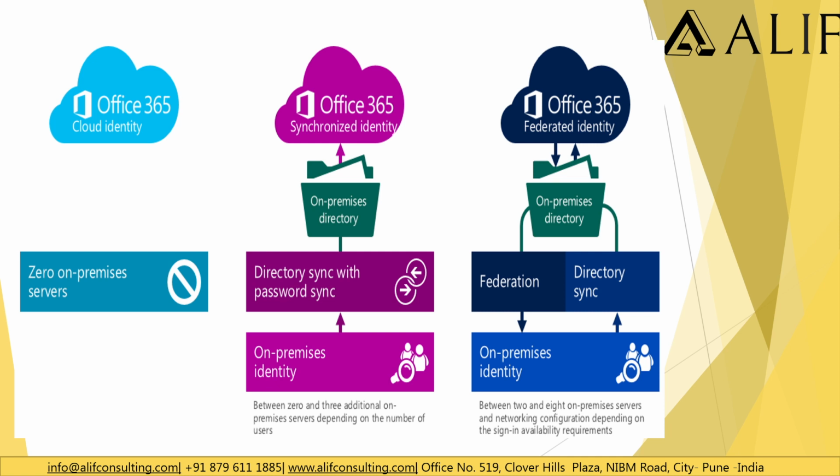Now, what is the job of this AAD Connect tool? That tool would be the man in the middle. It would synchronize the user objects from your local Active Directory, with the help of the organization unit, whichever OU you have selected on-premises. It would take those users to Office 365 with the help of two connectors.